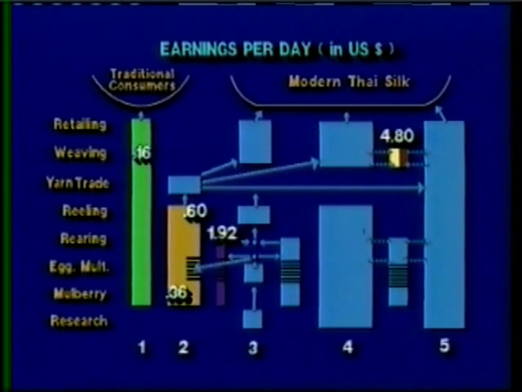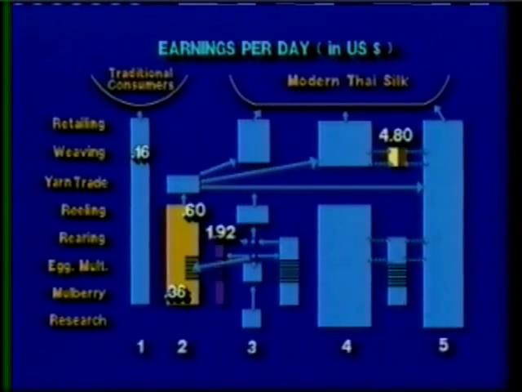Still, another overlay shows how much households can earn per day in each channel. Among CARE's target group, households have clear incentives to move out of Channel 1 and into Channels 2, 3, 4, and 5.